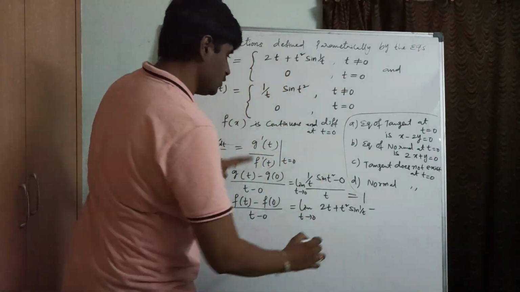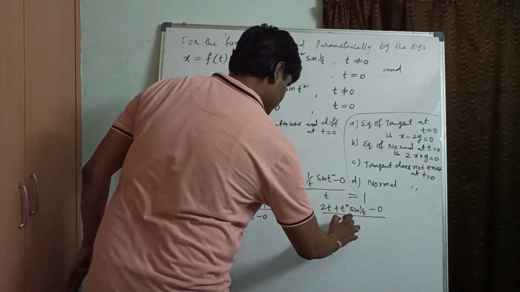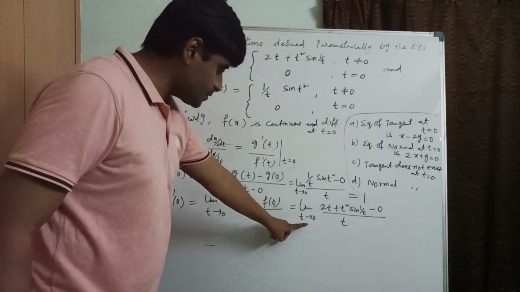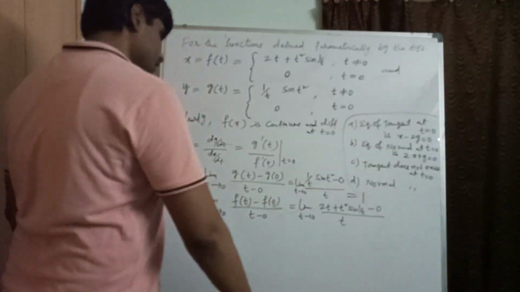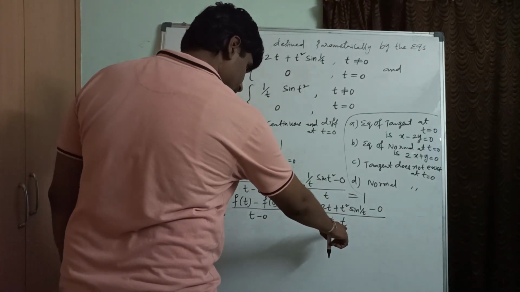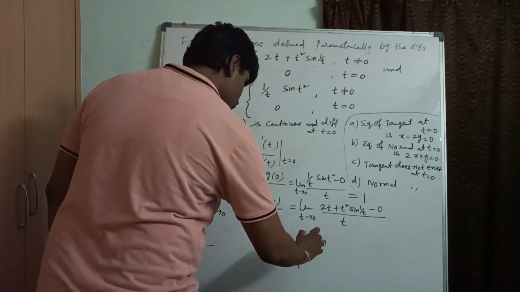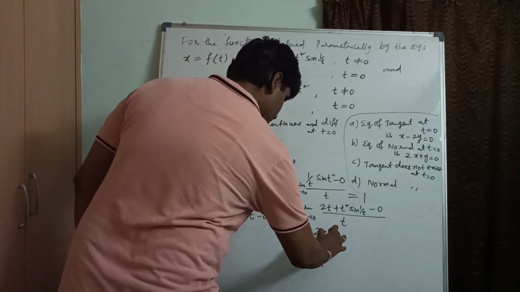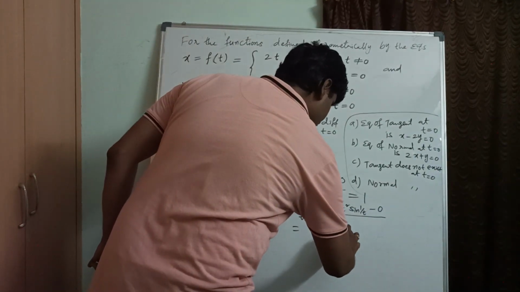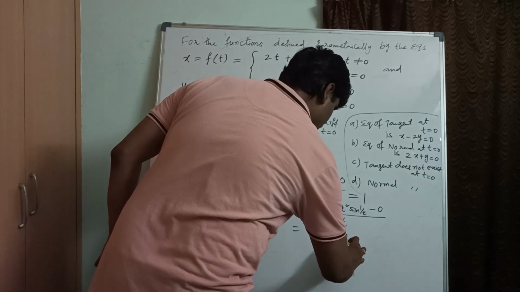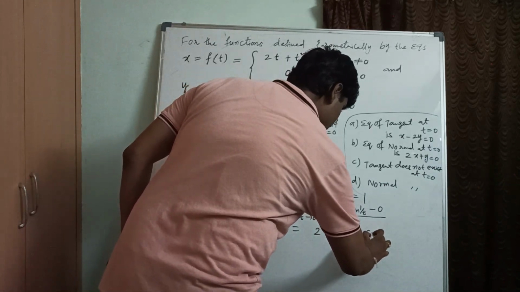F of 0 is 0 already, by t. So here also if I substitute, this will become 0, right? Anyway, 2t by t here. If you split 2t by t, 2 plus t square by t, t cancel. Limit t tends to 0, t sin 1 by t.